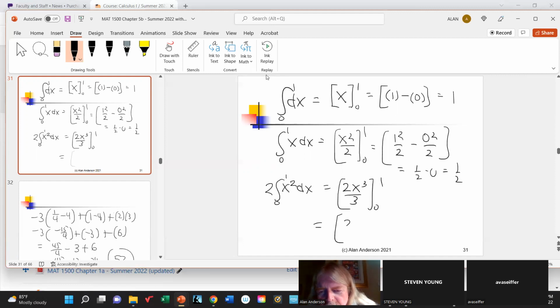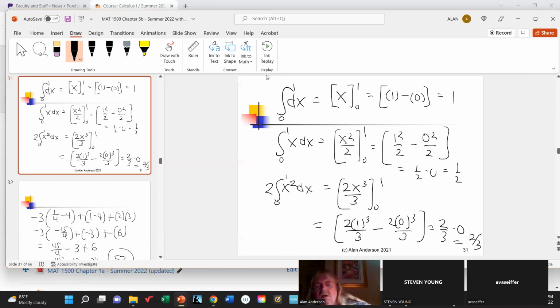So you'll end up with 2 times 1 cubed over 3 minus 2 times 0 cubed over 3. Okay, so in other words, what you're actually doing more formally is you're evaluating the so-called antiderivative at x equals 1, and then you're doing the same thing for 0, and then you're subtracting one from the other.